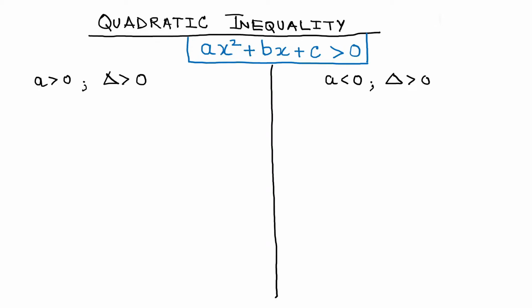In short, a decides the concavity of the graph. Now when I say concavity of the graph, let's try and understand what I mean by this. So for that I'll have to draw and plot this inequality on the graph.